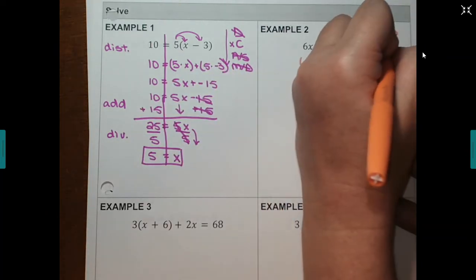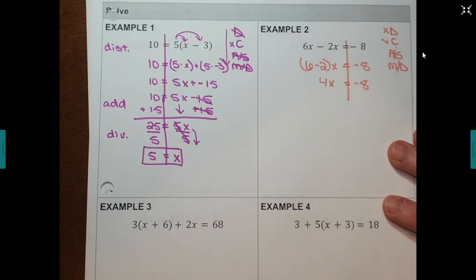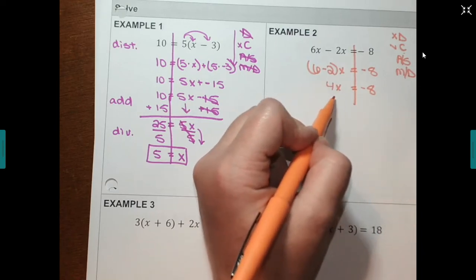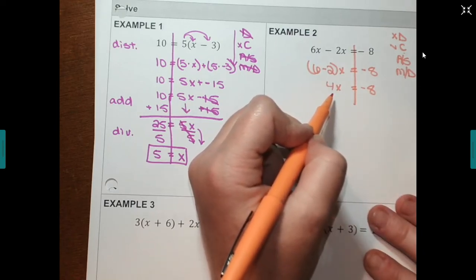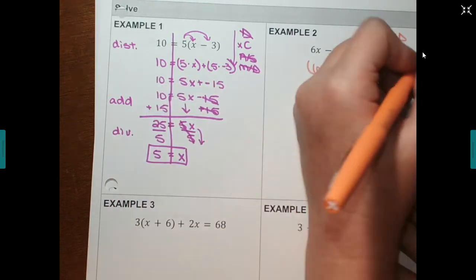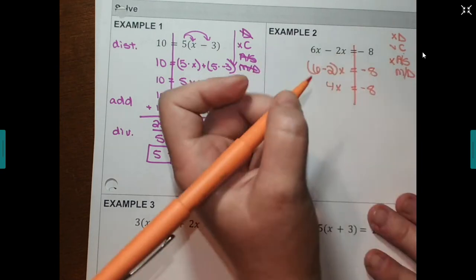So we have combined like terms. Now, is there anything I can add or subtract from this side that's going to start to get my variable by itself? There's nothing being added or subtracted. So there's not really anything I can add or subtract.